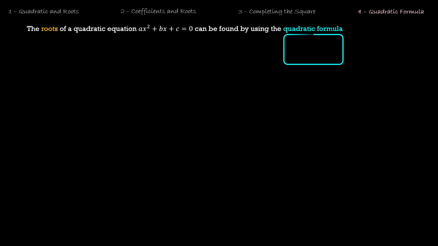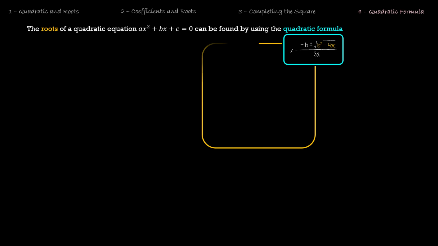Earlier on, we learned that the coefficient of a quadratic equation can be used to find the roots of the function. There is another method that can be used to solve for the quadratic equation. This is through the famous quadratic formula, which is written as negative b plus or minus square root of b squared minus 4ac, the whole thing divided by 2a. Note that b squared minus 4ac is known as the discriminant, as it can determine the nature of the roots.